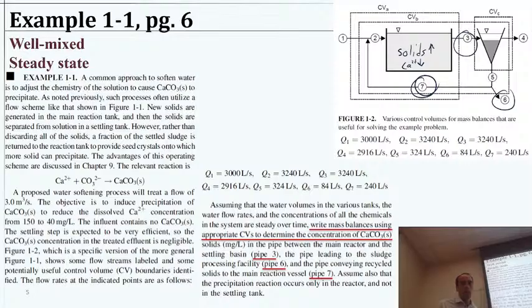It's a nice assumption for us. And that means we can assume the CaCO3 solid concentration of the treated effluent, whatever's making it out of the clarifier, should be 0. Okay, so that's also convenient.